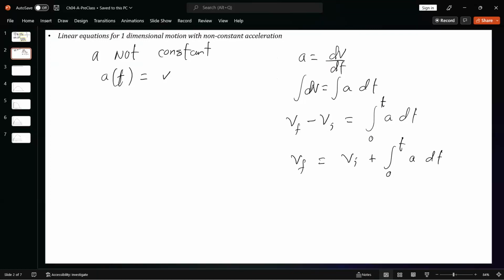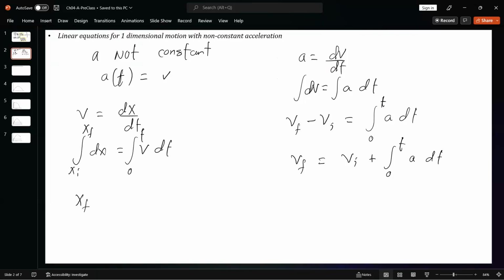Then if I know the velocity function, I can use the velocity definition in terms of the instantaneous, which is dx or dy over dt. From here I can find the displacement function, which is the integral of dx equals the integral of v dt. This goes from x initial to x final, and time goes from 0 to t.